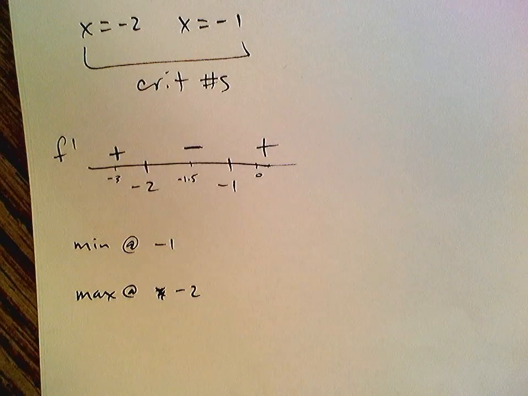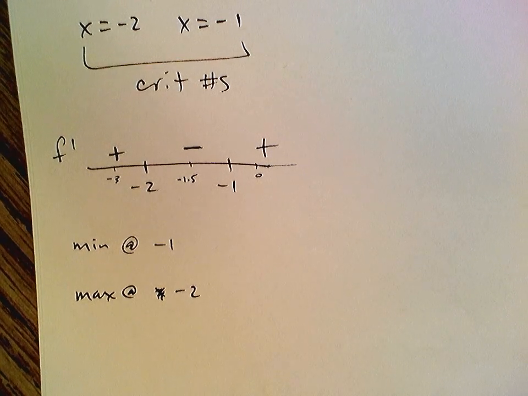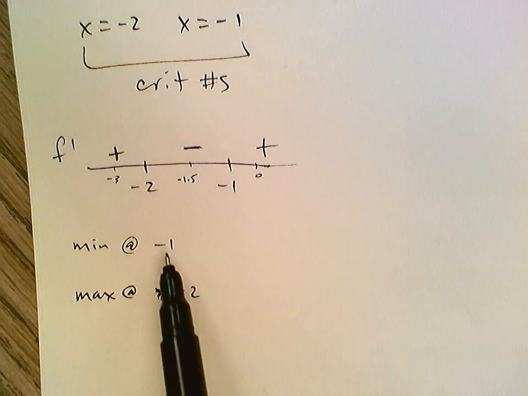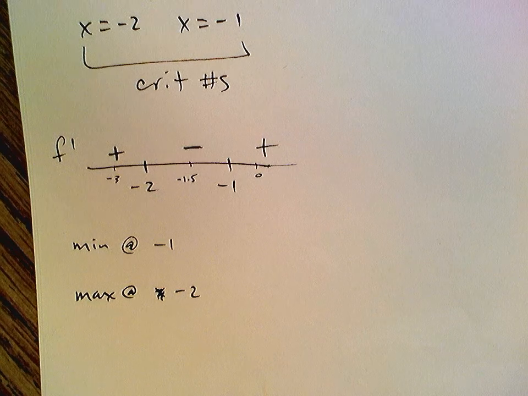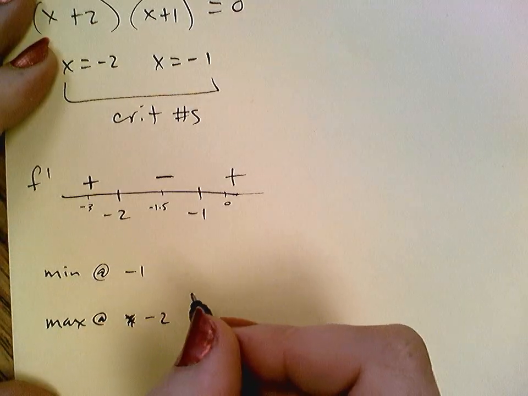But I want to actually find the extrema. So finding the local min and the local max means plugging these values back into the original function. The extrema are on the original. Okay, min at negative 1.